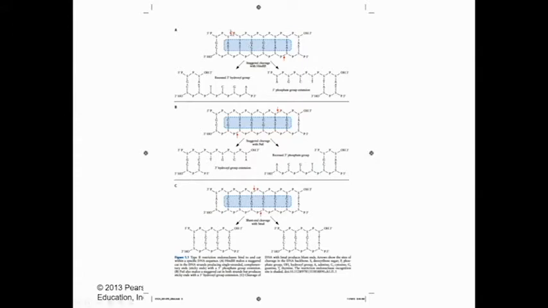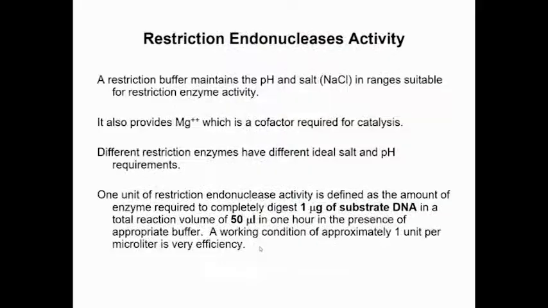So for HindIII, we cut between the first and second nucleotide, and that gives you 5' overhang. For PstI, cut at number 5, number 6 nucleotide, and that gives you this 3' overhang. And for this small one, they will cut in the middle, and that gives you a blunt end. So that's the cleavage pattern for the restriction enzyme.